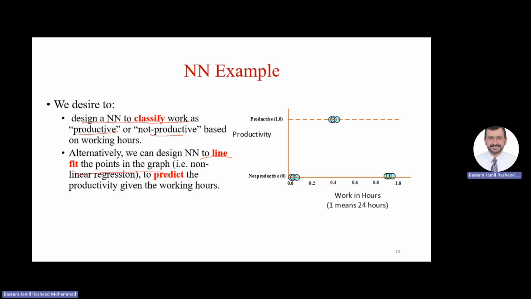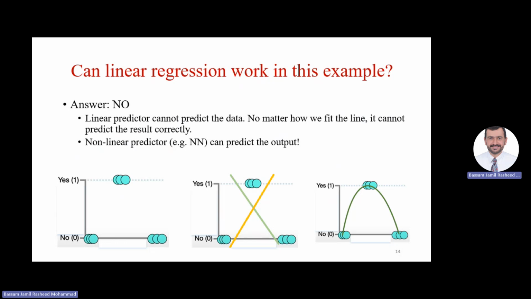We would like a neural network to mimic this behavior. Obviously, don't even think about linear regression, because no linear regression will fit this data. How do you want to fit the line? It doesn't fit. So you really need a nonlinear model like a neural network.